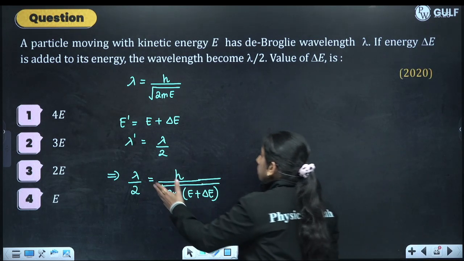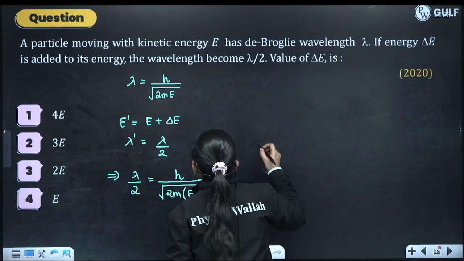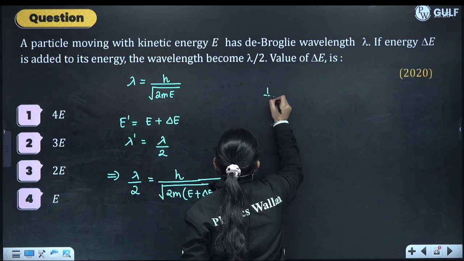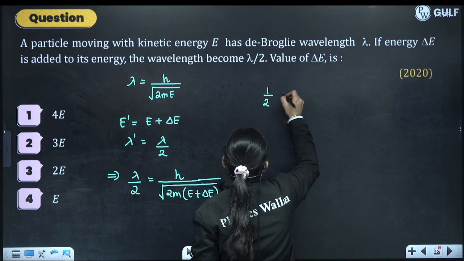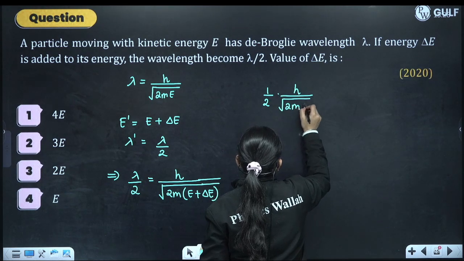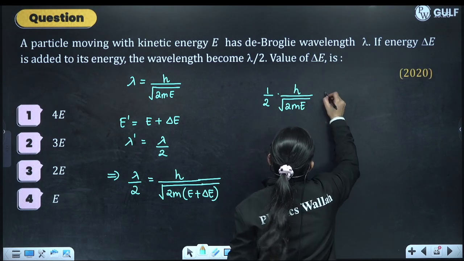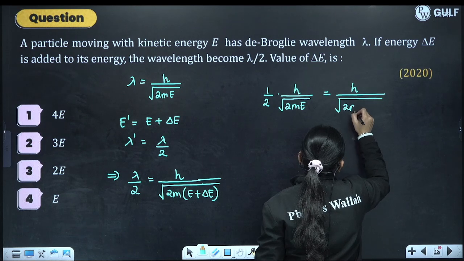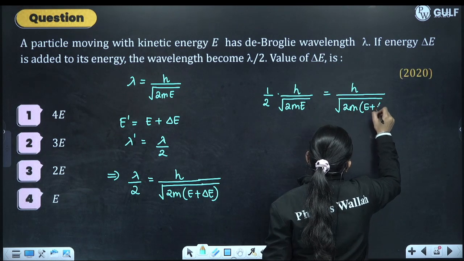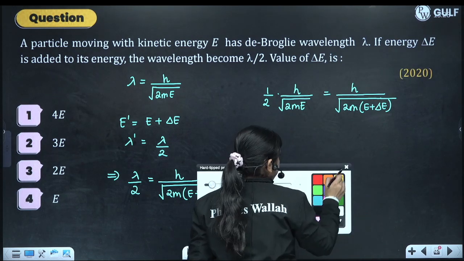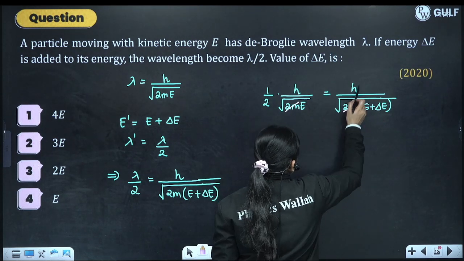Okay, so now divide the two equations, or substitute the value of lambda. Both ways you can do. So 1 by 2 will come as it is, h by under root of 2mE is equal to h by under root of 2m into (E plus delta E). Okay, cancel what is getting cancelled. So the root gets cancelled.